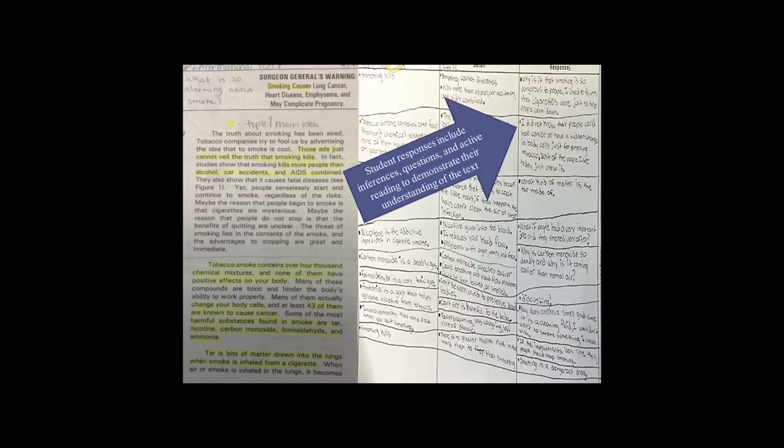Students then paraphrase and summarize the most important details in the text that support the main idea. Finally, reading is thinking, and so we always want students to respond to what they're reading. This thinking should demonstrate their level of understanding. Student responses include inferences, questions they generate while reading, and active reading to demonstrate their understanding of the text.